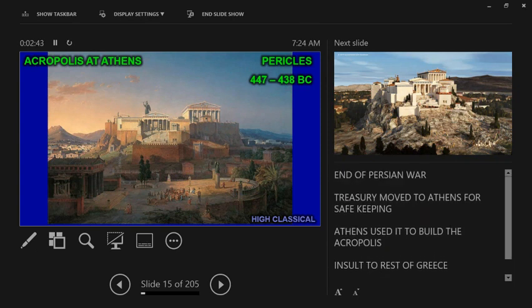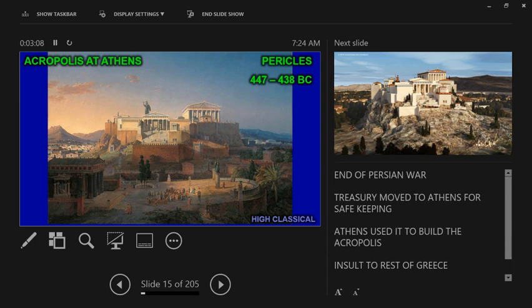It is the end of the Persian War. And during the Persian War, all of Greece was fighting the Persians. The Spartans and the Athenians were teamed up against the Persians, and they pooled their money together to pay for armies, for boats, for weapons, for armor, in order to fight the Persians.